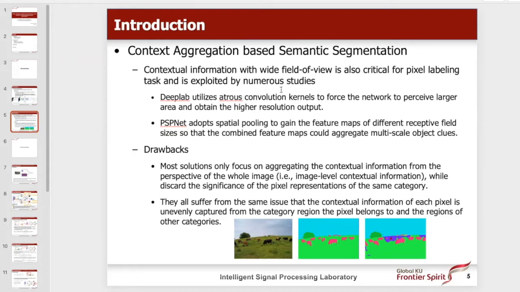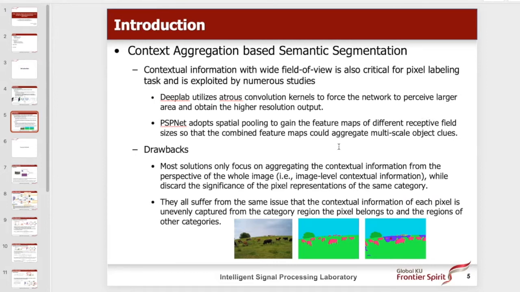It utilizes atrous convolution kernels to force the network to perceive a larger area and obtain a higher resolution output. The second famous one is PSPNet. It adopts spatial pooling to gain feature maps of different receptive field sizes so that the combined feature maps could aggregate multi-scale object clues.